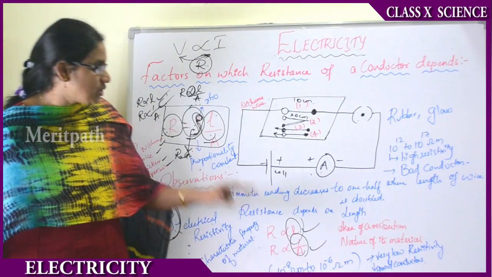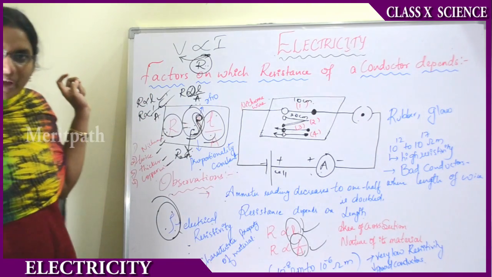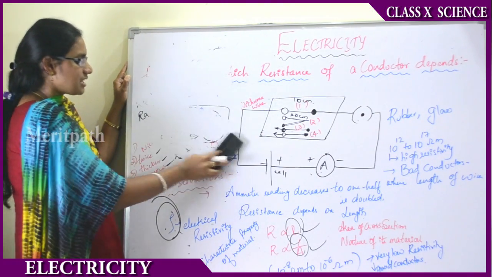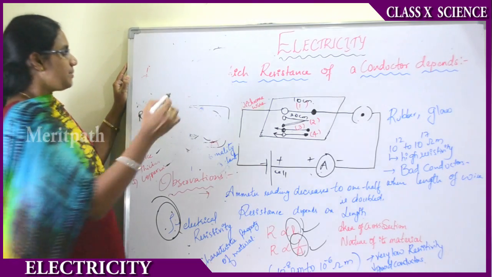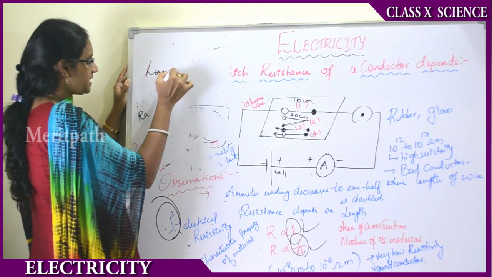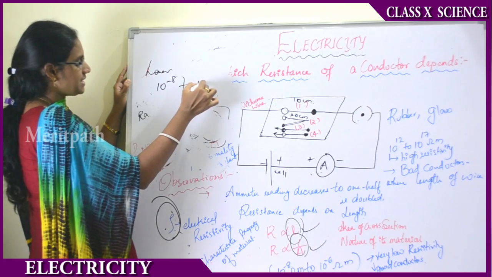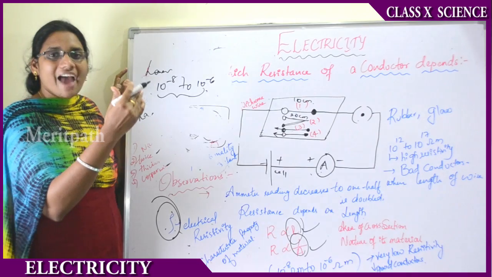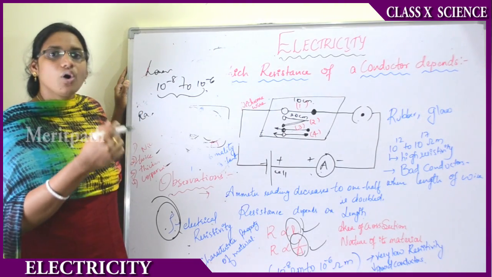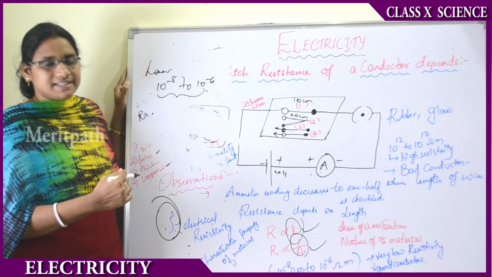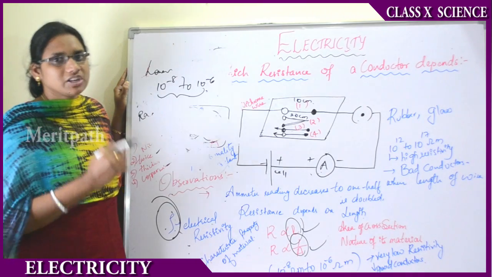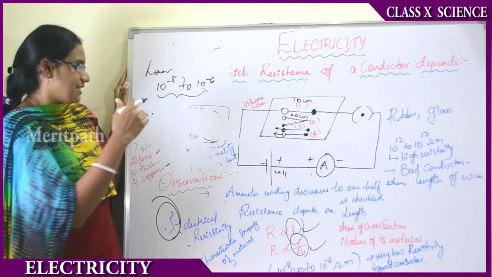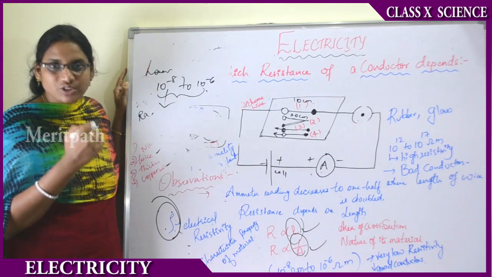These values are said to be smaller resistivities, and these are said to be good conductors of electricity because they have lower resistivity. So they will be offering low resistance, that means they will be allowing the flow of electrons through them, and thereby conduction will take place, and so they will be acting as good conductors of electricity.